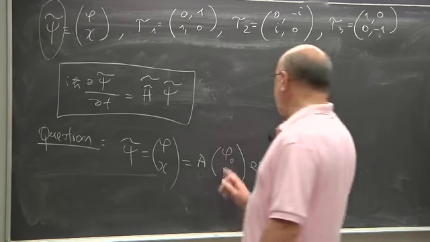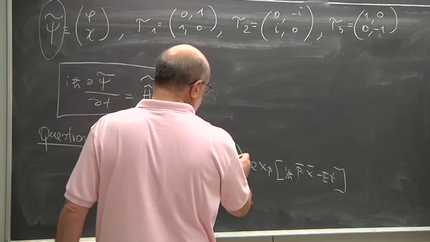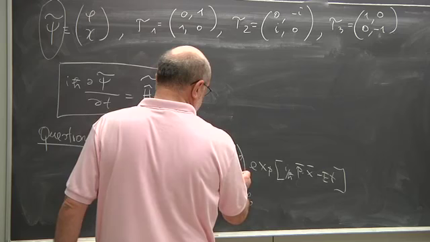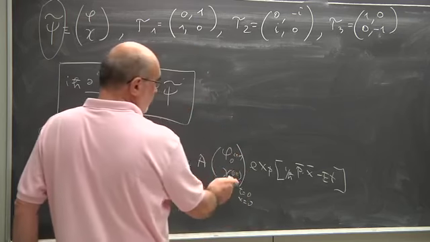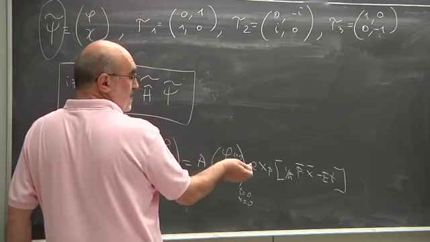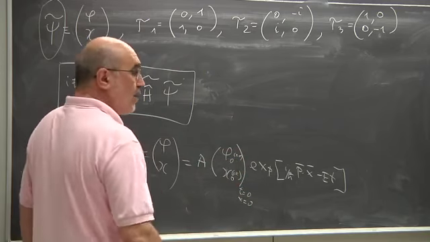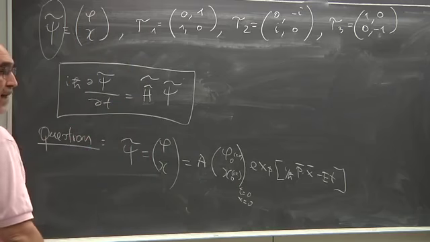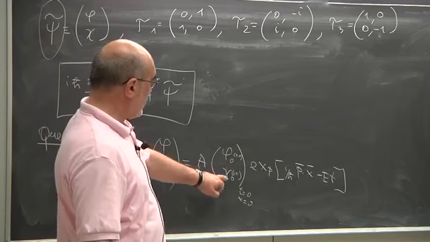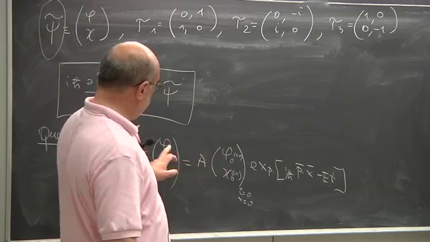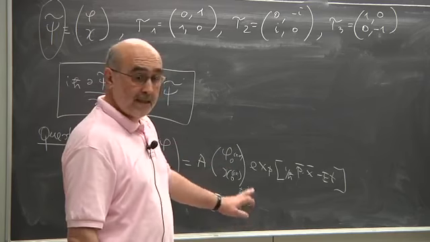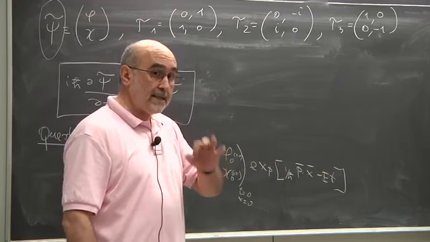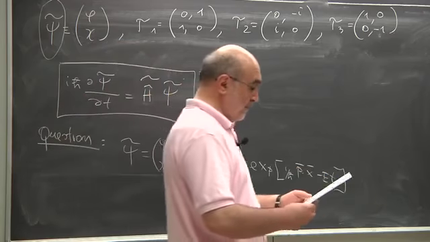And of course, this object can depend on P and E. They are just the phi at time 0, but in principle they can depend on P and E. So the question that we are asking is, are there solutions of this form, like plane wave solutions? So you see, chi 0 and phi 0 mean the phi and chi at time 0 and at x equals 0. And then the space-time part is a plane wave. Okay, so we ask ourselves if there can be a solution of this form.